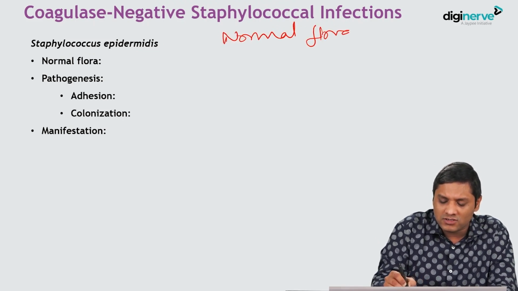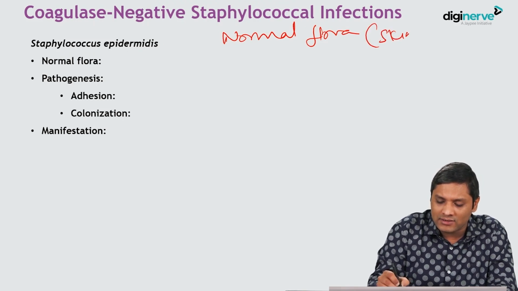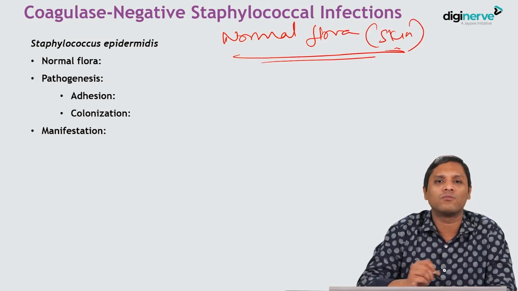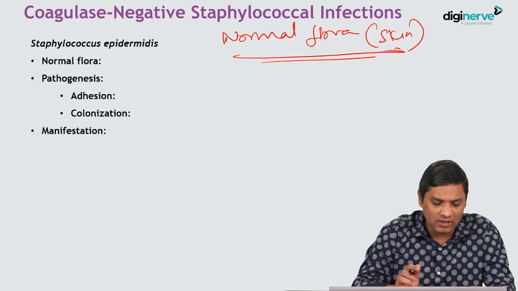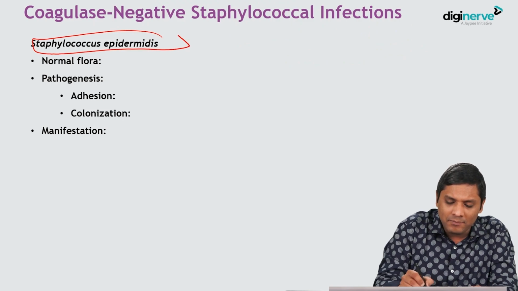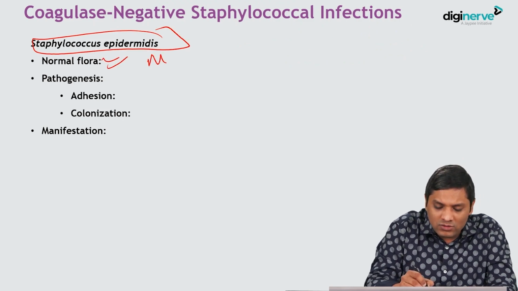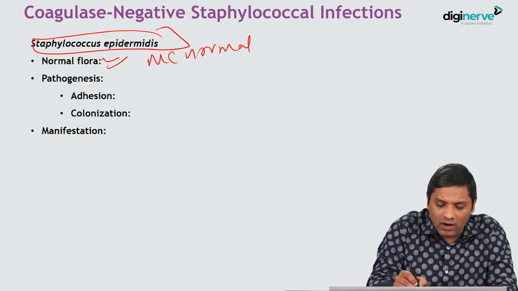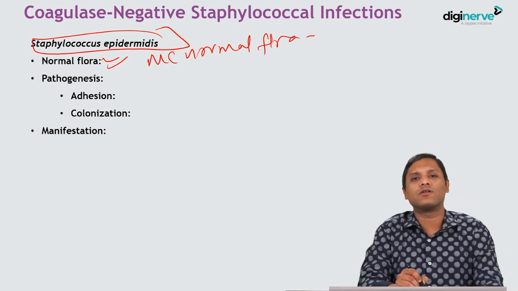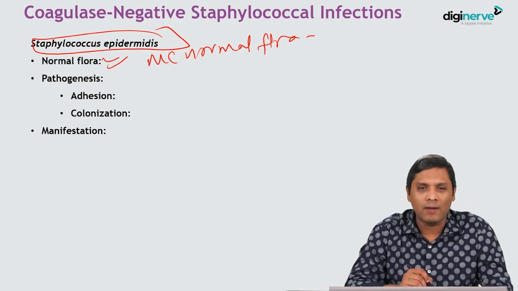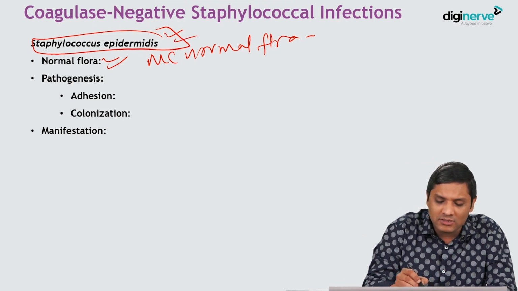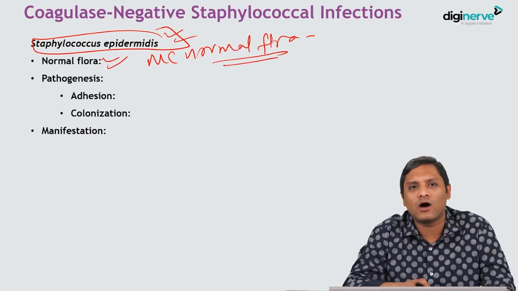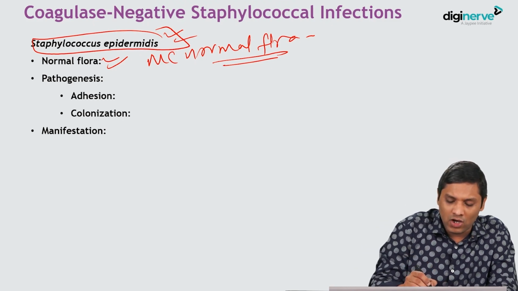Among them, the most common organism is Staphylococcus epidermidis. Among all Staphylococcus species, Staphylococcus epidermidis is the most common normal flora of human skin.